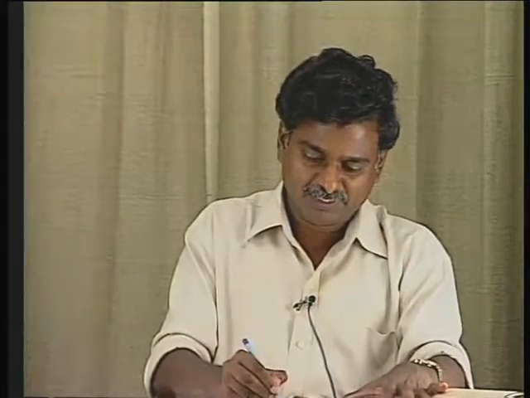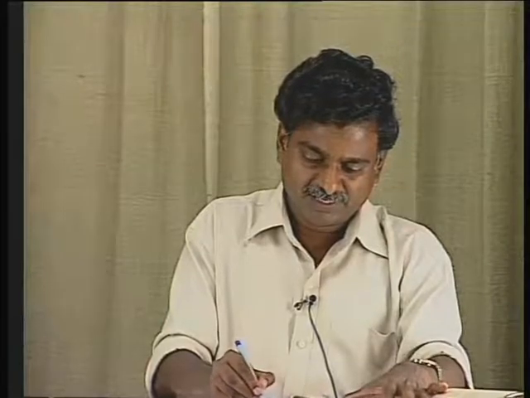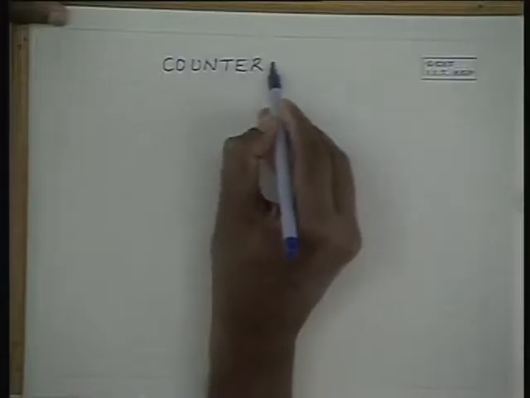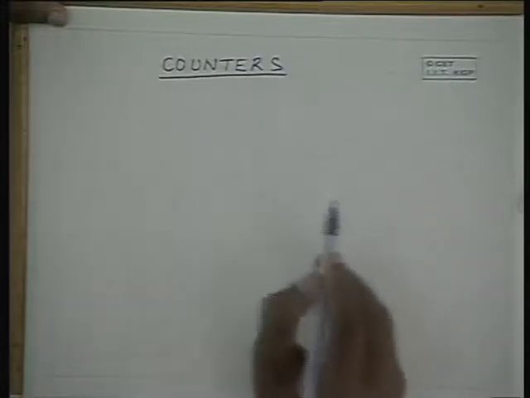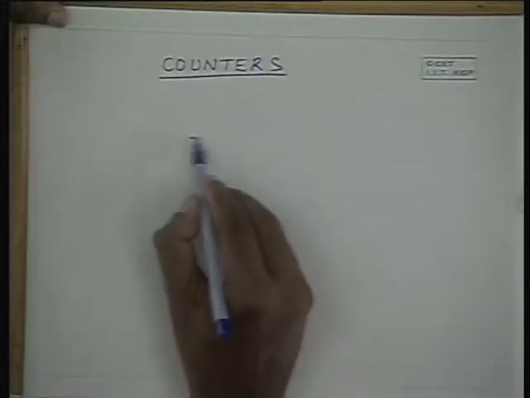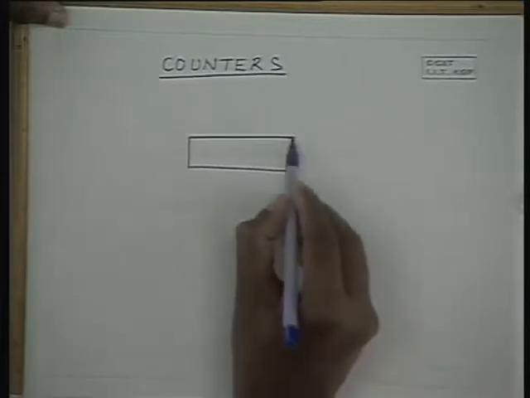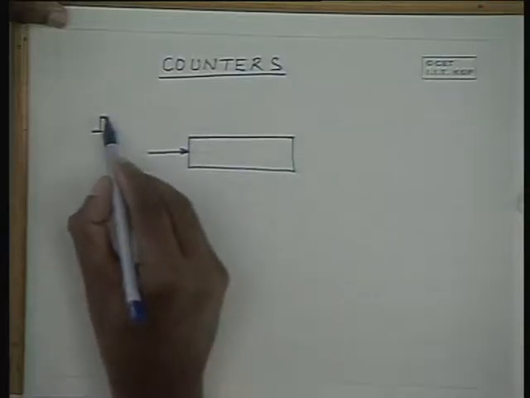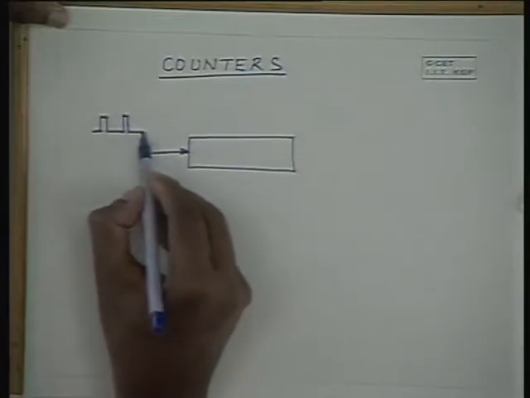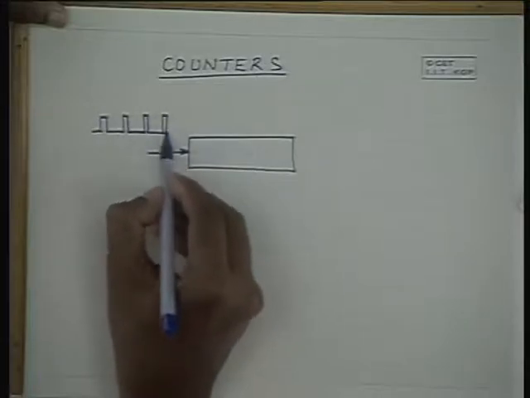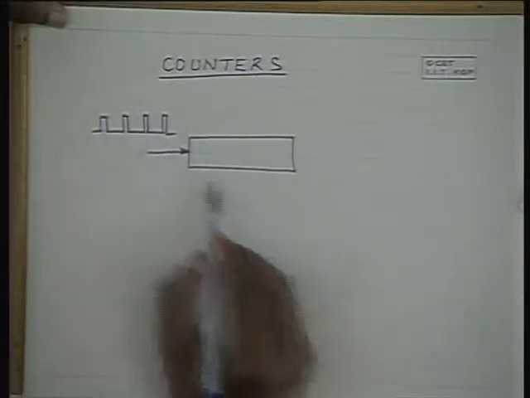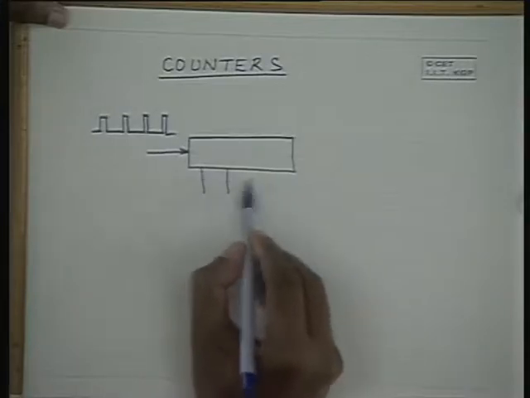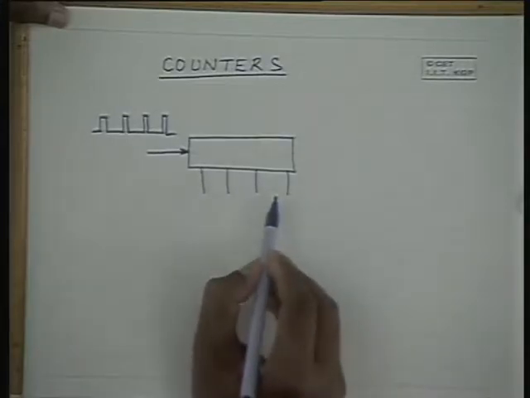There are other important building blocks, and the class is known as counters, as I have already mentioned. As the name indicates, the counters count the pulses. So if you have a counter and you feed in pulses here, like clock pulses, the counter counts these pulses and gives us the binary equivalent of the count.